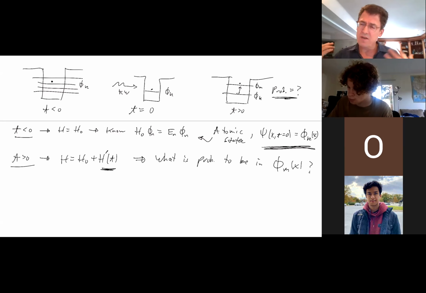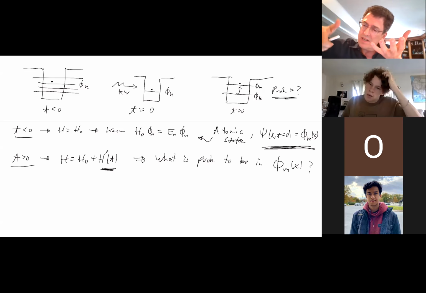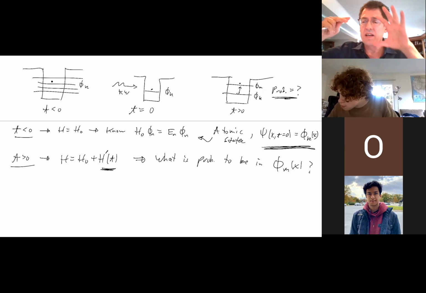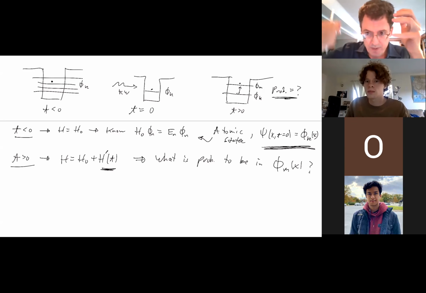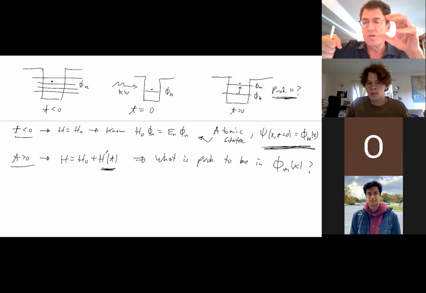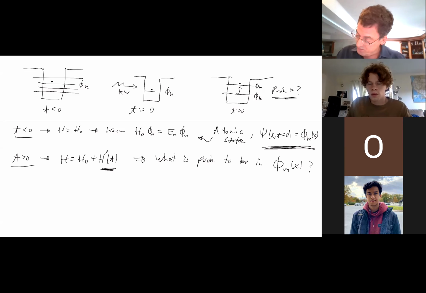And I want you to understand what that even means. Basically, it's like if I turn on my laser and then measure the energy of the electron in the atom, and I want to know where it is. So it's an experiment. This is the result of an experiment.